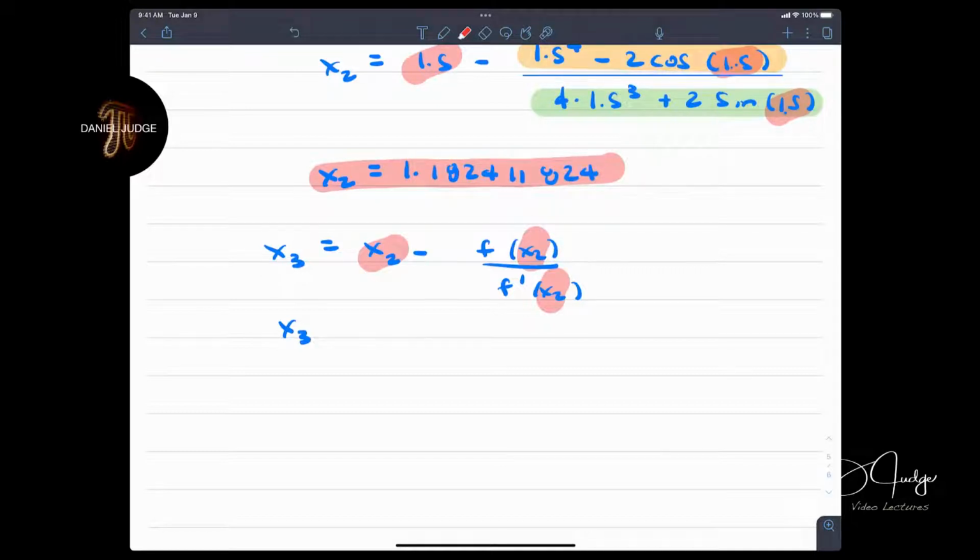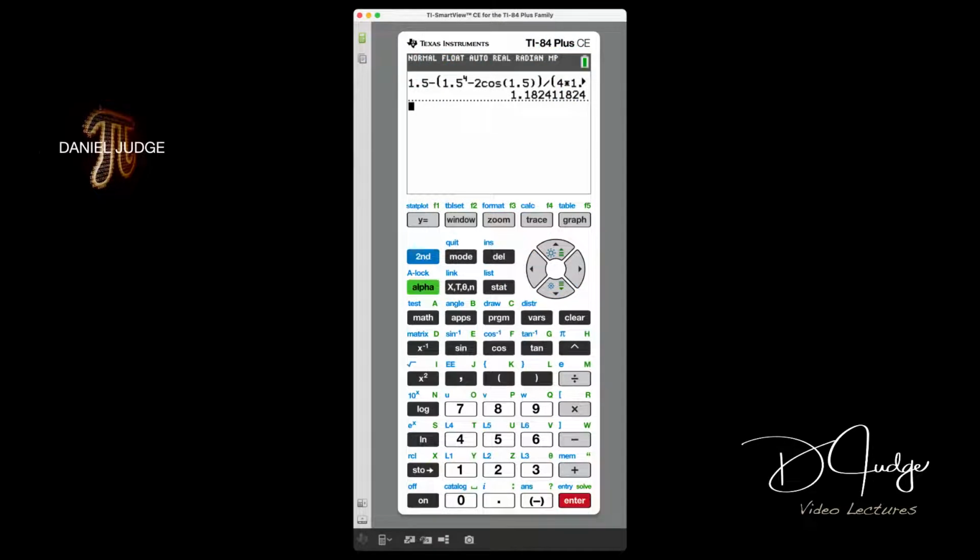So we went from 1.5 now to 1.1824. What I recommend here, using this TI calculator, there's a special function key called answer. What answer is, is the prior answer. This is a very useful function in your calculator. It's very useful for Newton's method. Hit second, and it's down here in blue. That's the answer key. It places the prior answer in its memory, and it calls it answer.